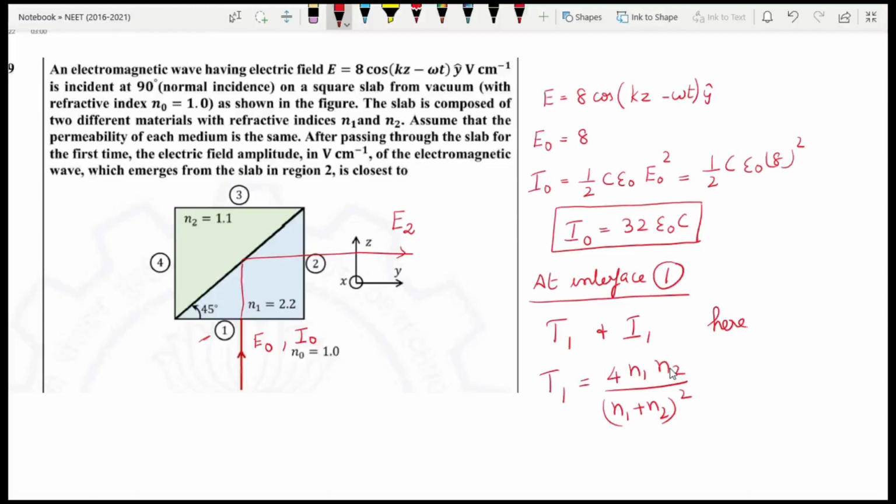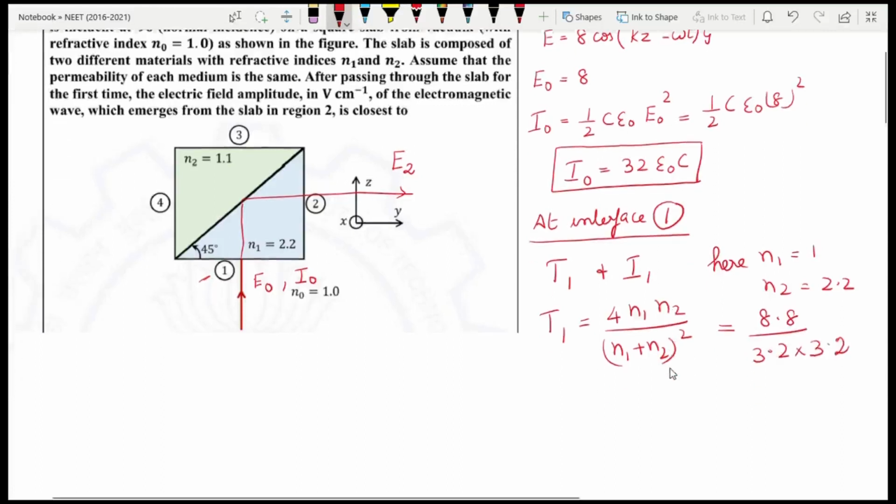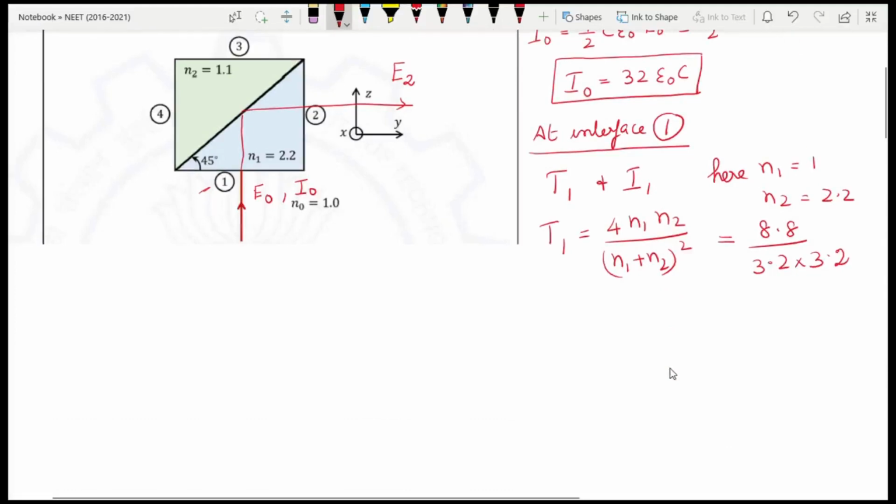Here N1 is equal to 1 and N2 is equal to 2.2. By substituting it, we will be getting 8.8 divided by 3.2 into 3.2. We will keep it as such. Then we will calculate the intensity of the beam that is entering inside the glass slab. So I1 is equal to I0 into T1.